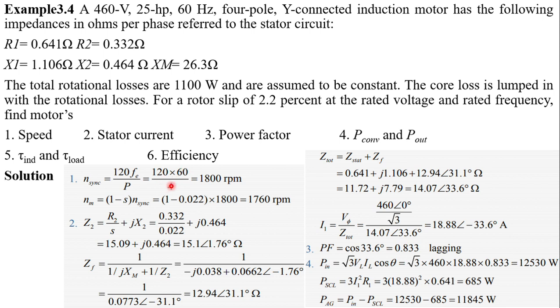Since the frequency is 60 and the poles are 4, here is the synchronous speed, and we can determine the motor speed as 1 minus s times synchronous speed. The slip is already given and synchronous speed is already calculated. We get 1760 revolutions per minute.